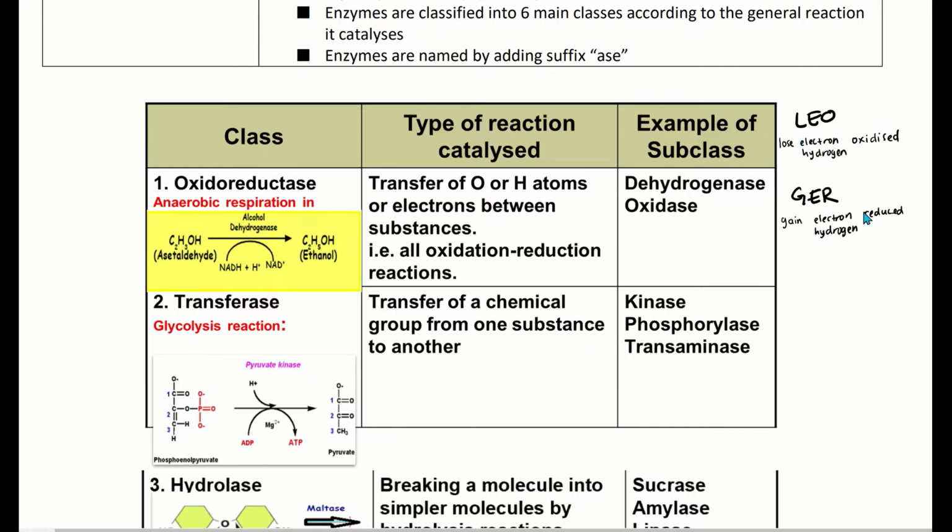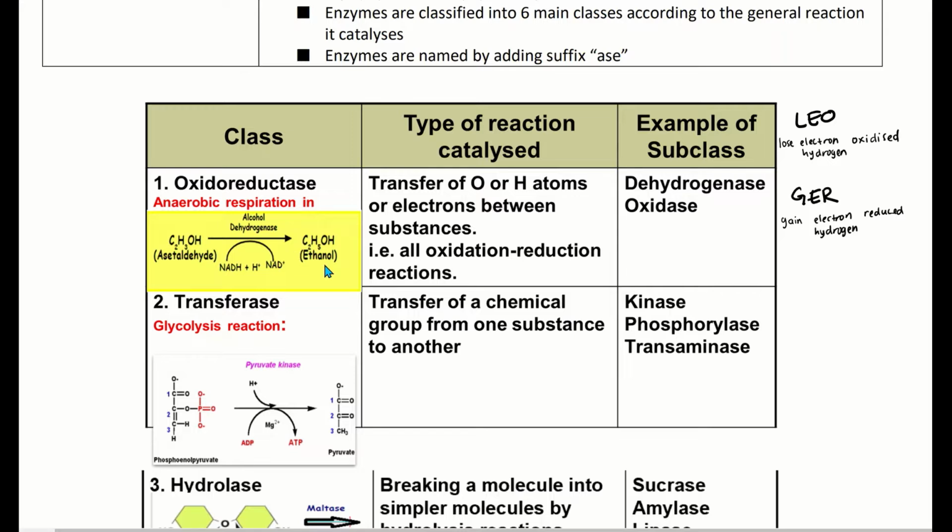Kalau lose electron ataupun lose hydrogen, nama proses dia adalah oxidize. Kalau gain elektron ataupun gain hydrogen, nama proses dia reduction ataupun reduced. Kat sini etanol dia gain hydrogen ke dia lose hydrogen daripada acetaldehyde? Dia gain hydrogen.